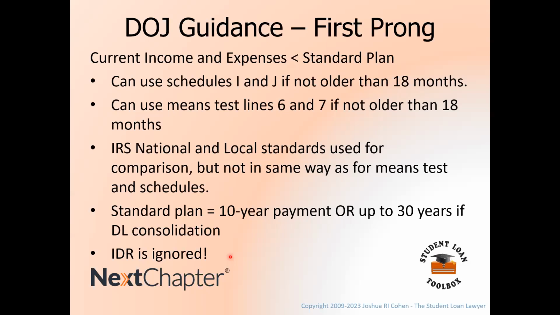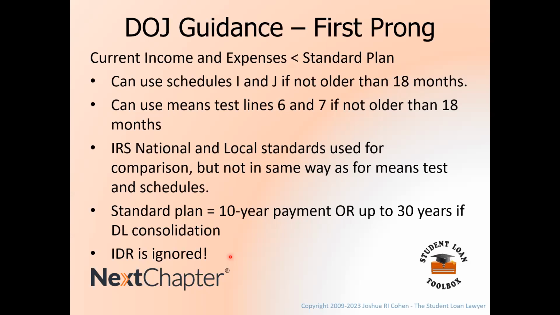Okay, so Joe, your question is, how do you know if the repayment is 10, 20, or 30? Again, it's 10 years if it's anything but a direct loan consolidation. If it's a direct loan consolidation, then it can be anywhere from 10 to 30, and you can either look through the regs, which will show you what the tiers are, or Toolbox is programmed for it.